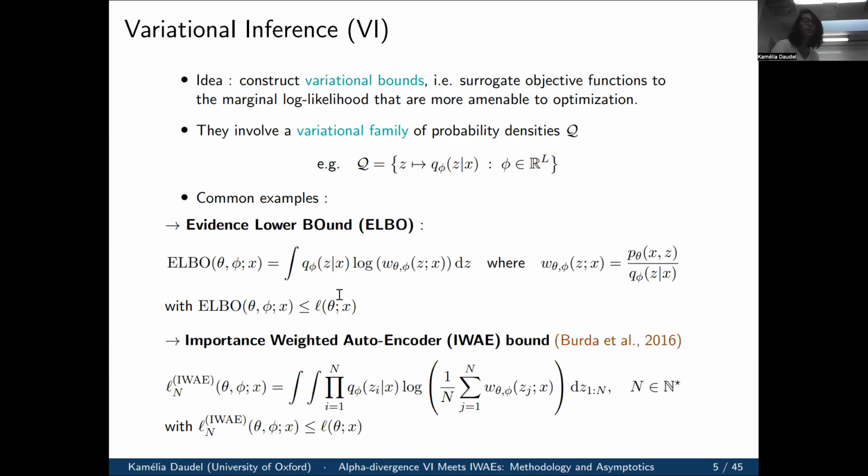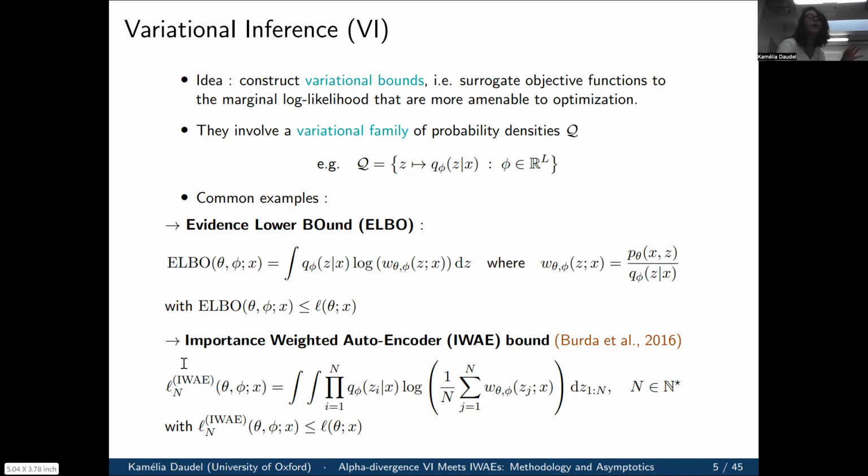There's another example, which is called the importance weighted auto-encoder bound, and which was introduced in a paper by Burda, which is very, very famous, in 2016. So this importance weighted auto-encoder bound, the IWAE bound, is a generalization of the evidence lower bound, which is defined as follows.